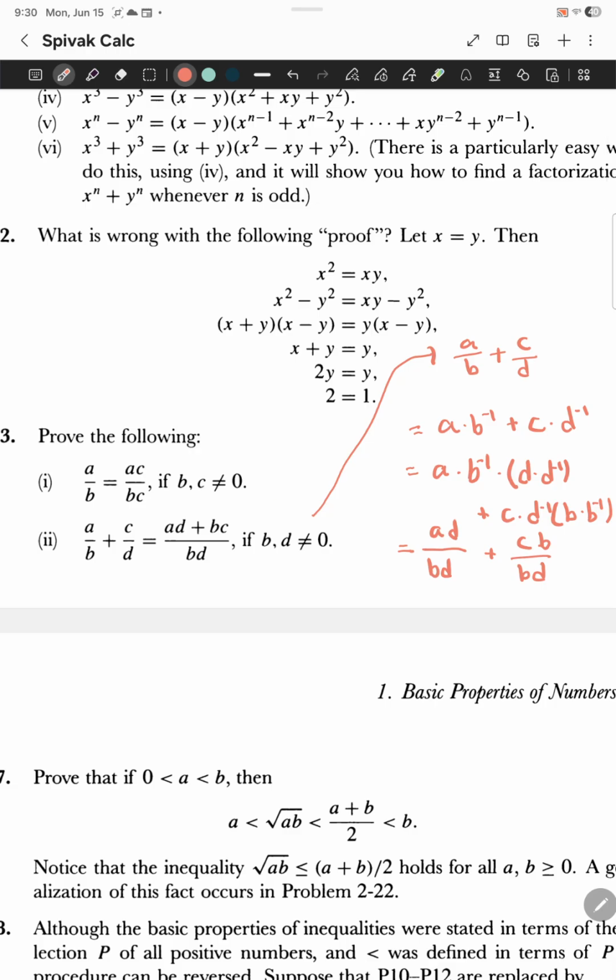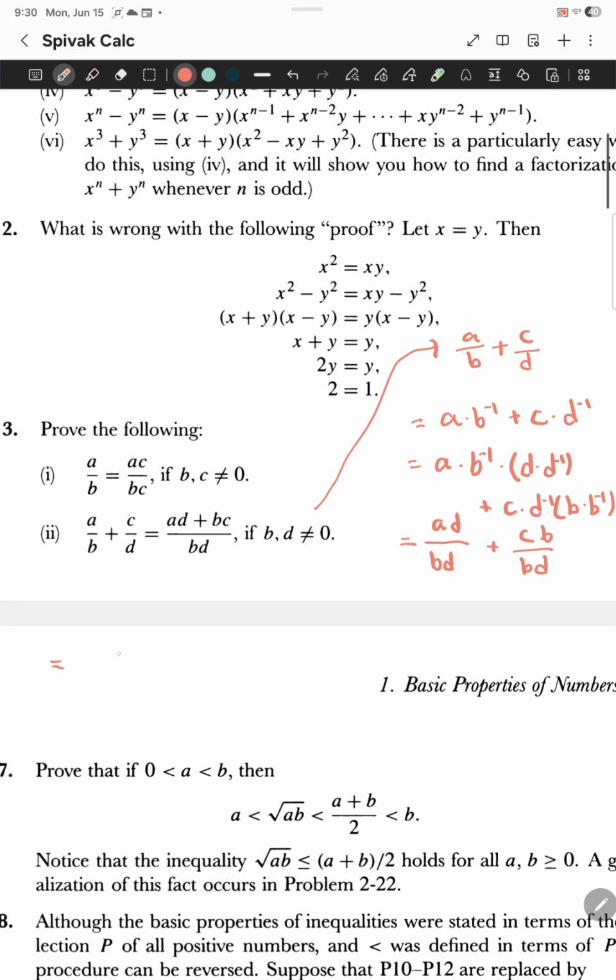And then, what does this mean? We have a common denominator. A common denominator means we can pull out 1 over bd on both sides by the distributive law.